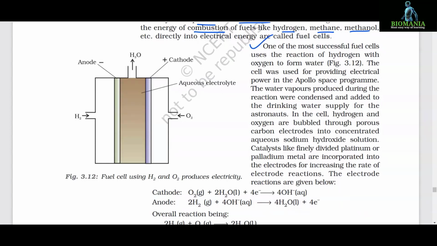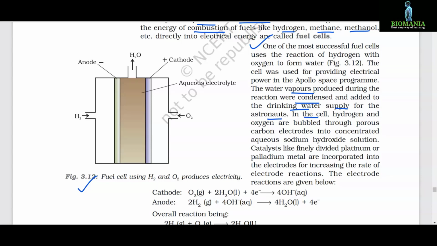One of the most successful fuel cells uses the reaction of hydrogen with oxygen to form water, that is figure 3.12. The cell was used for providing electrical power in the Apollo space program. The water vapors produced during the reaction were condensed and added to the drinking water supply for the astronauts.